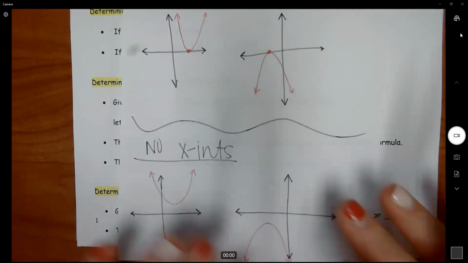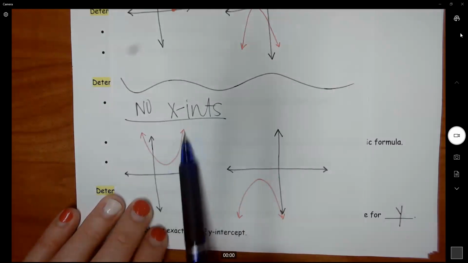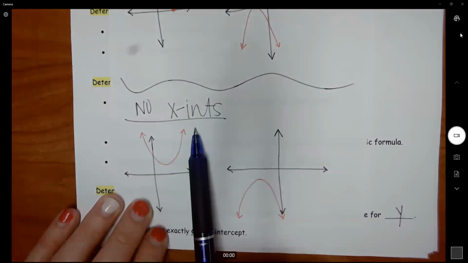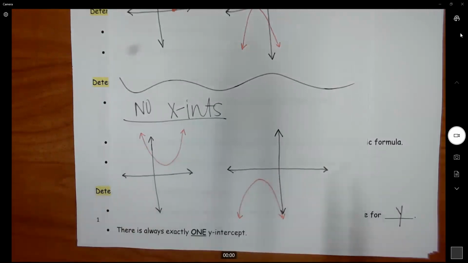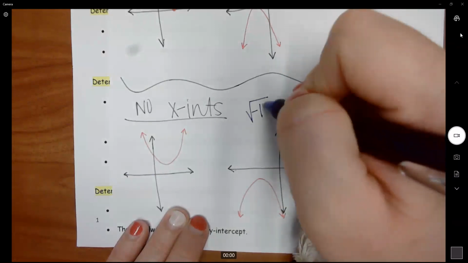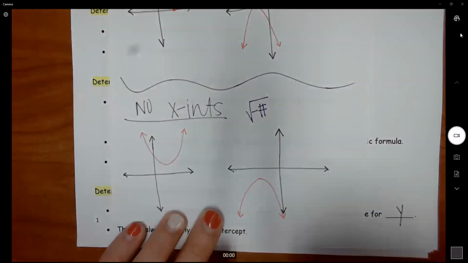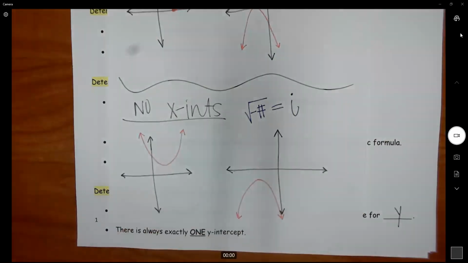And then you can have none. When you have none, you're going to have the entire parabola above the x-axis or below. When you're solving by square root method or the quadratic formula, you're going to end up getting a square root of a negative number, which then equals your imaginary number.